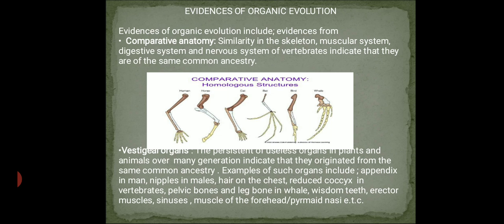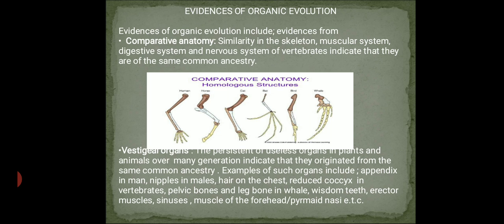To the reptiles, 2 auricles and 1 ventricle, partially divided ventricle. To the apes, that is 2 auricles and almost 4 chambers, and to the man, which has a 4 chambers heart. Also, the process of blood circulation changes from single circulation to double circulatory system. That is the comparative anatomy.